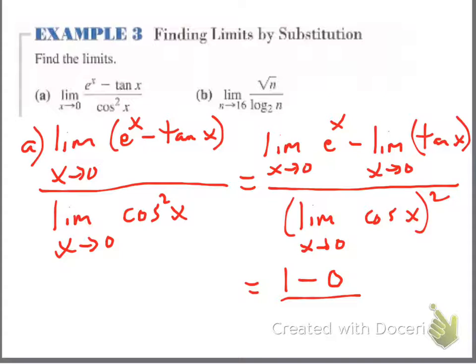Cosine of 0 is 1. So 1 minus 0 over 1 is 1. Okay? So what we're doing with the properties, guys, is splitting these up into individual limits. The individual limits are a lot easier to find than this whole thing taken together.